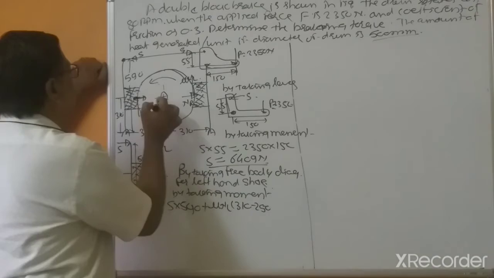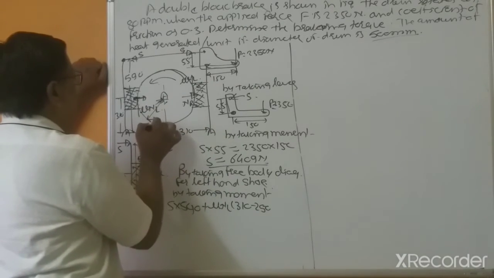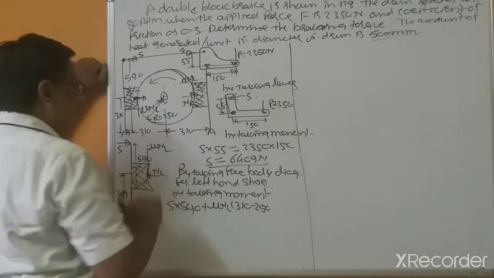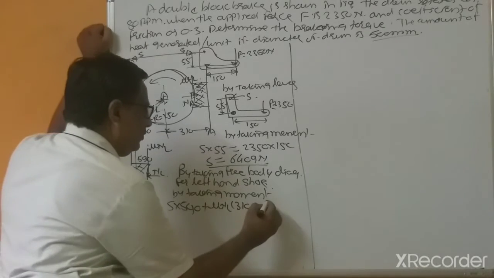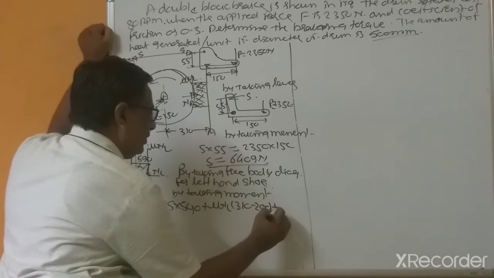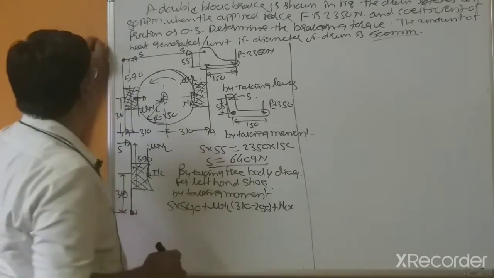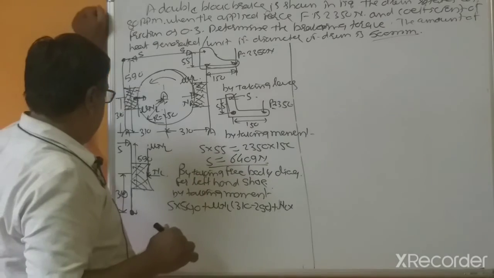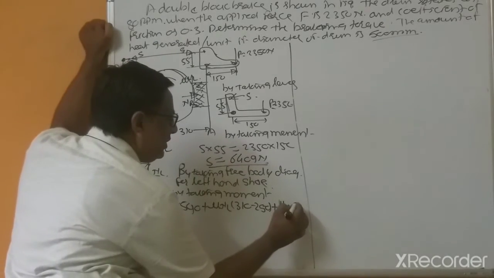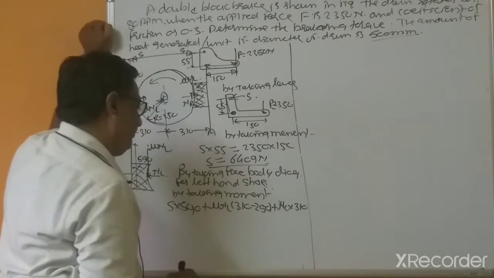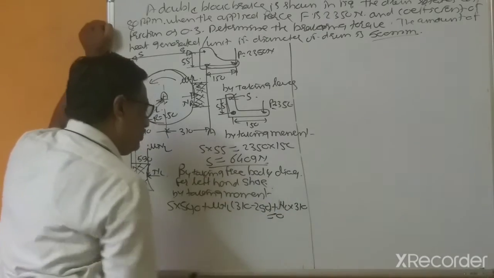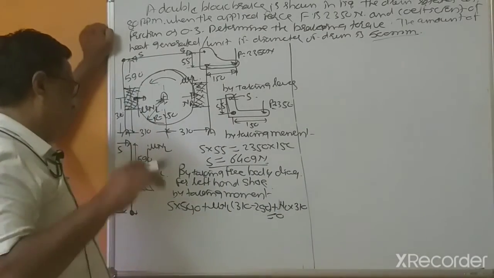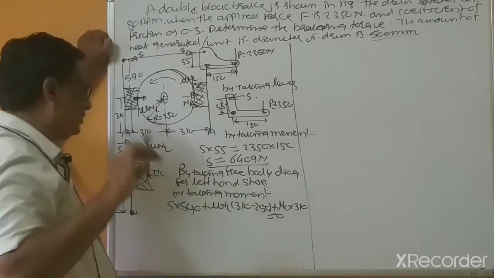So this distance is equal to the radius, 250 mm, plus NL into this distance, 310. NL normal force multiplied by 310, and this is equal to 0.